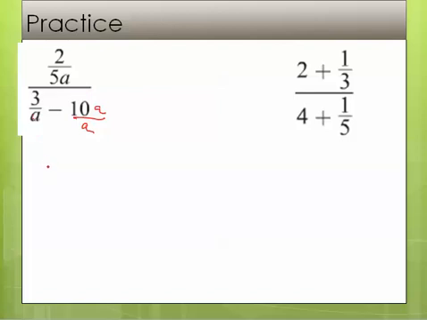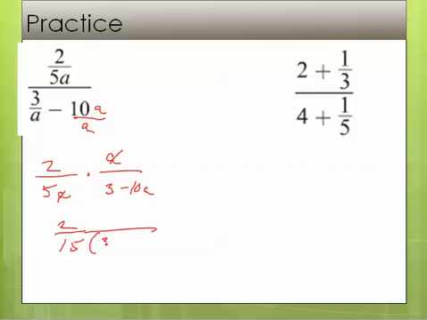I'm going to get a 2 divided by 5a, times a divided by 3 minus 10a. Well, the a's will cancel into each other there at least. Okay? And I'll get 2 over 15 times 3 minus 10a. Final answer.